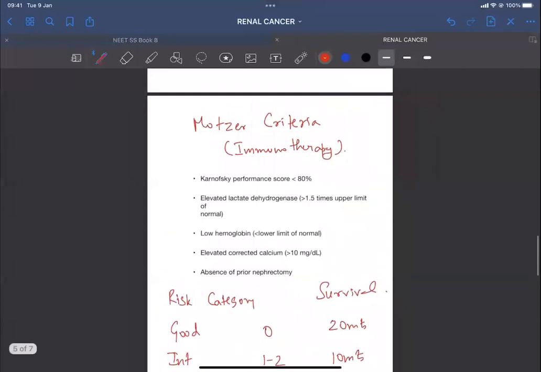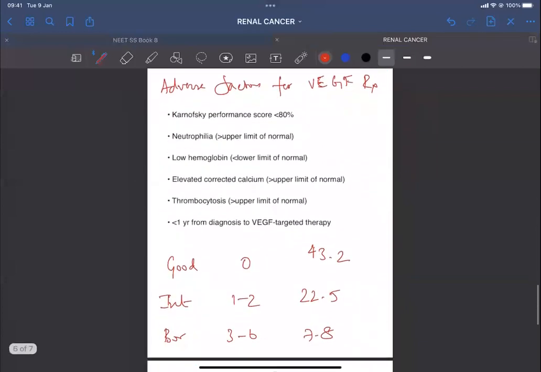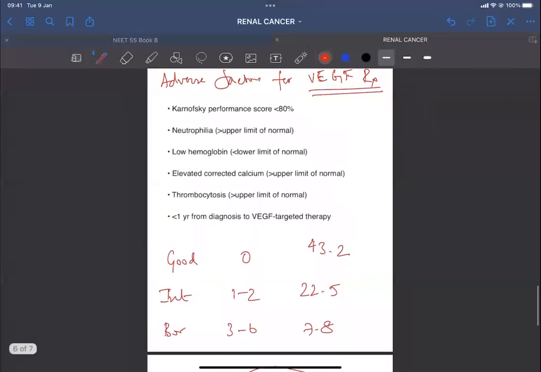Now, this was in the era of immunotherapy, which is interleukins, IL-2, not with targeted therapy, which is what is more commonly used now. So they have revised the criteria for targeted therapy, which is a range of treatments, and you can see that survival has clearly improved with the targeted therapy.